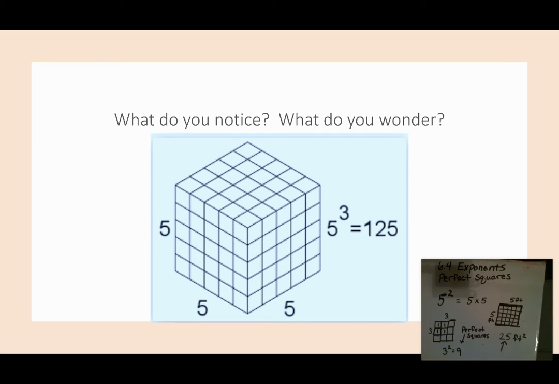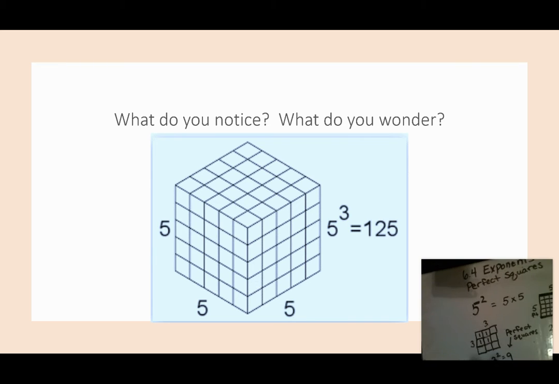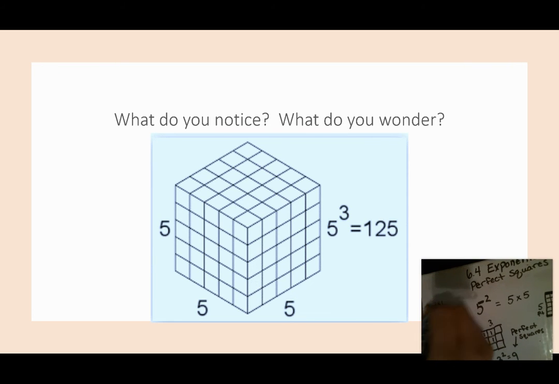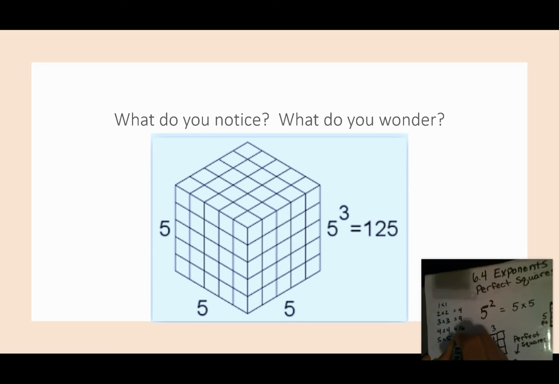So numbers like 1, 4, 9, 16, 25, 36, 49, 64, 81, and 100 are all perfect squares because it is 1 times 1, 2 times 2, 3 times 3, 4 times 4, 5 times 5. So perfect squares would be 4, 9, 16, 25.